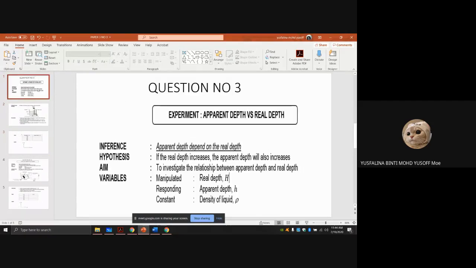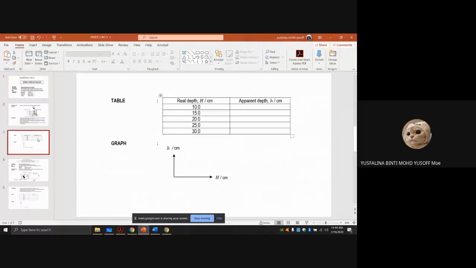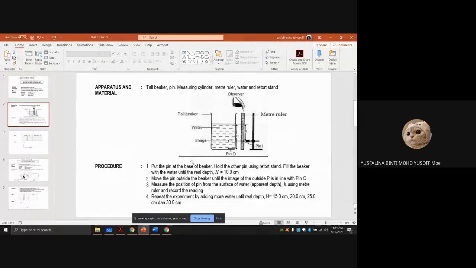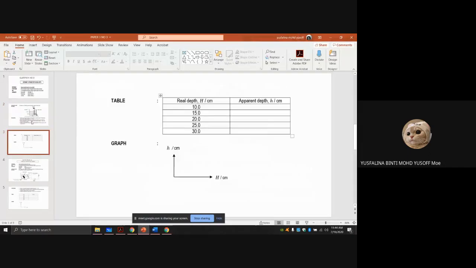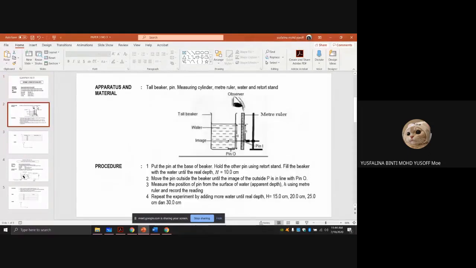Actually, the experiment sentences are not like in your reference book, which are quite long. There are only a few sentences that you can get marks for. So that's why I made the experiment for you, so it's easy for you to memorize. Just memorize the one that I give you.